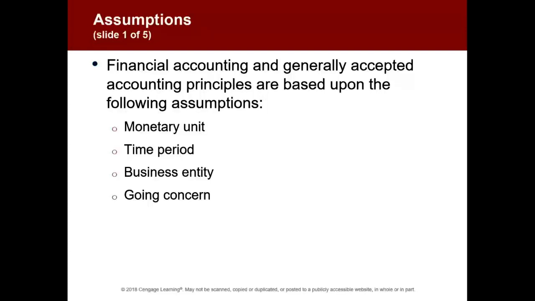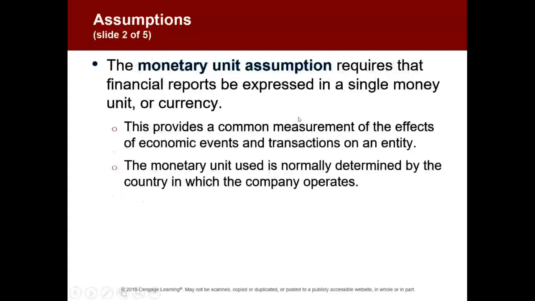It could be quarterly, monthly, or less time than that if we need it in order to make decisions. We are accumulating information for business entities. The business entity concept says that we're talking about individual distinct business units that we're collecting data for. And then we also assume that the businesses are going to be a going concern.